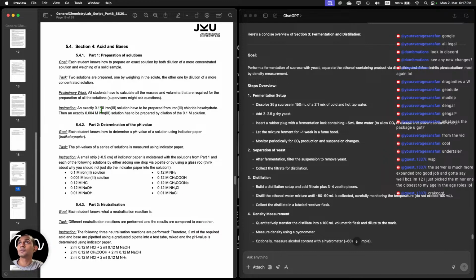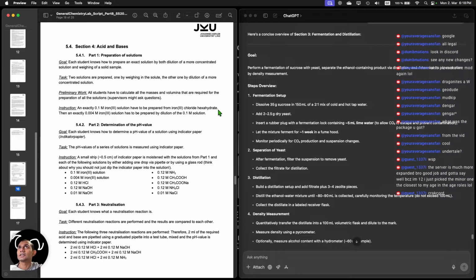And exactly 0.1 molal iron 3 solution has to be prepared from iron 3 chloride hexahydrate. Then an exactly 0.004 molal iron 3 solution has to be prepared by dilution of the 0.1 molal solution. How do you prepare that?